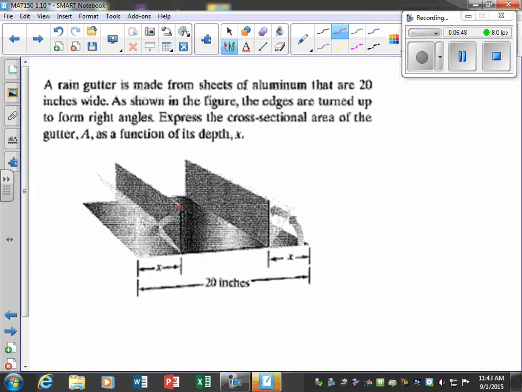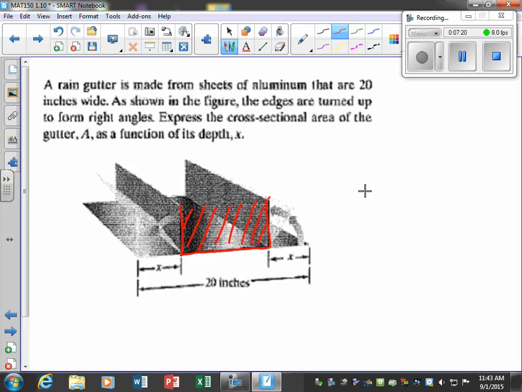So what they're trying to show is, if I take this edge and bend it up, and this edge and bend it up, I'm looking at this red portion. It says express the cross-sectional area of the gutter A as a function of its depth x.